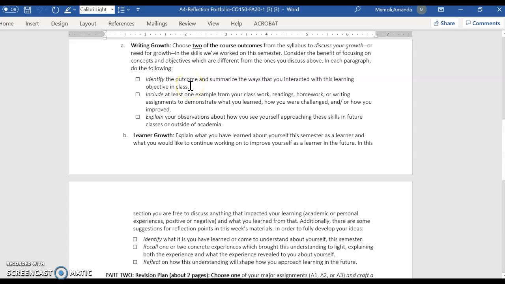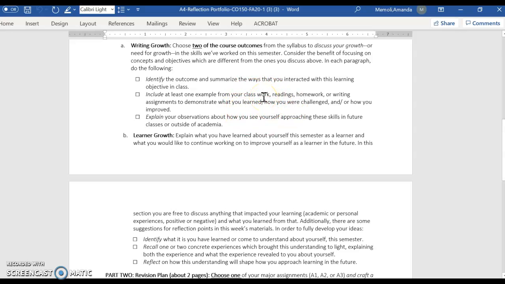Identify the outcome and summarize the way that you interacted with it this semester, which means that you'll need to understand the outcomes, which is why that's what we started to work on at the end of Tuesday's class. Include at least one example from your classwork, readings, homework, or writing assignments to demonstrate what you've learned, how you were challenged, and or how you improved.